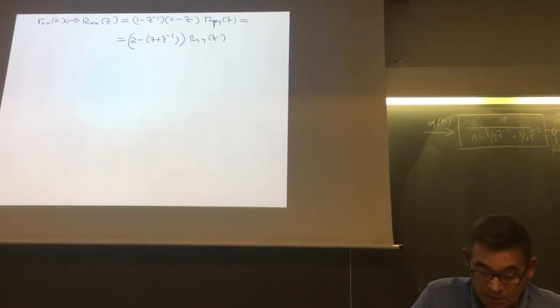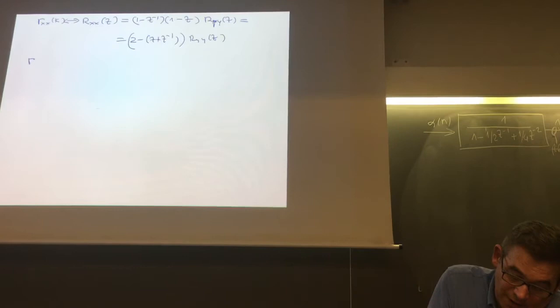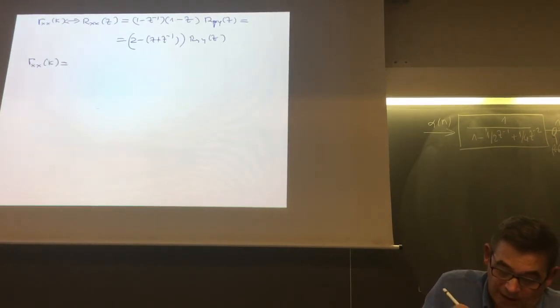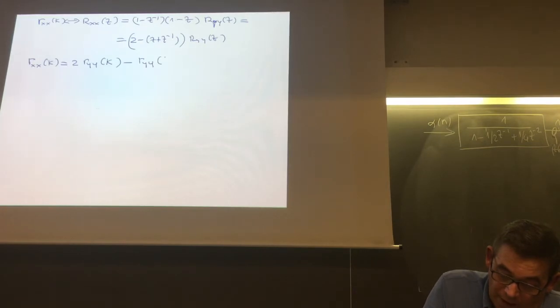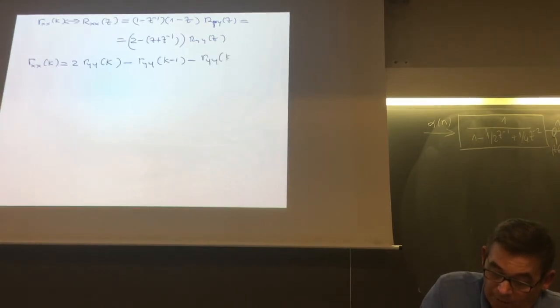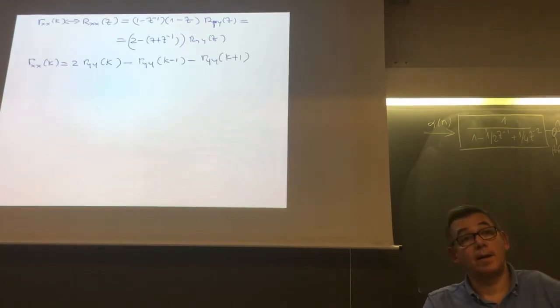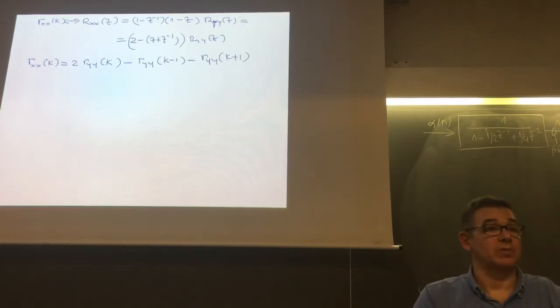Okay. So this means that Rxx(k), for instance, is obtained by 2 times Ryy(k) minus Ryy(k minus 1) minus again Ryy(k plus 1). Okay, that's how to compute.